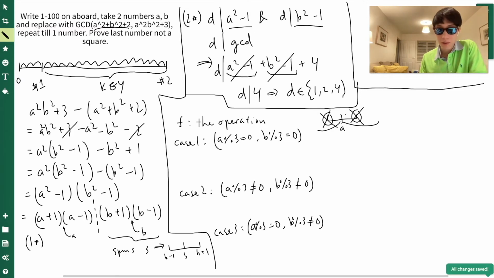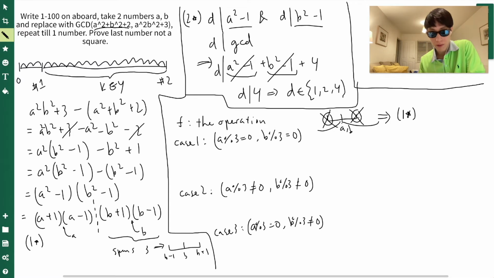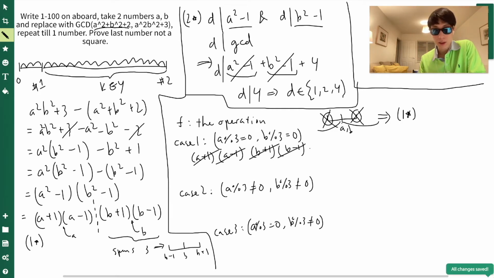And this happens for both A and B. So this implies that in 1 star, since all of my factors are A plus 1 and A minus 1, and then B plus 1 and B minus 1, basically A plus 1 and A minus 1, neither of these can be multiples of 3. And this is the same for B plus 1 and B minus 1. So all of these are not multiples of 3.